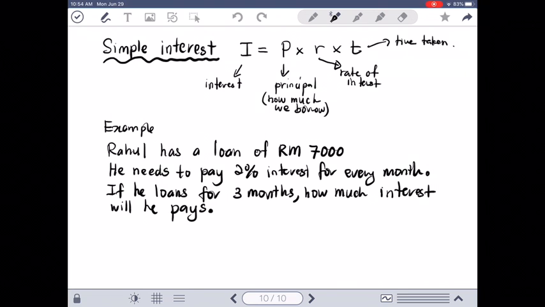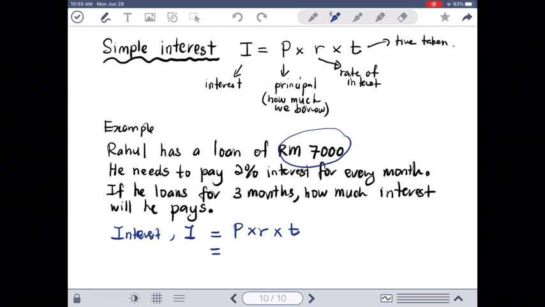So if you take the loan for 3 months, we can use the formula interest, or I, equals P times R times T. P is the principal, the amount that he borrowed, which is 7,000.